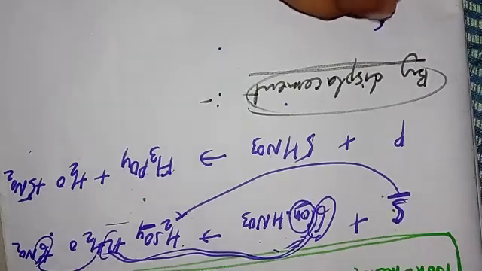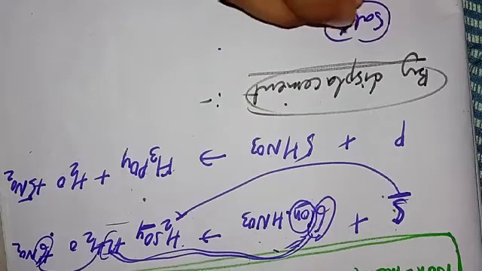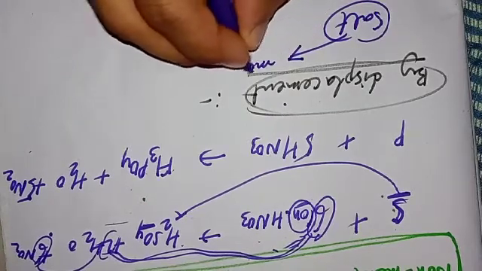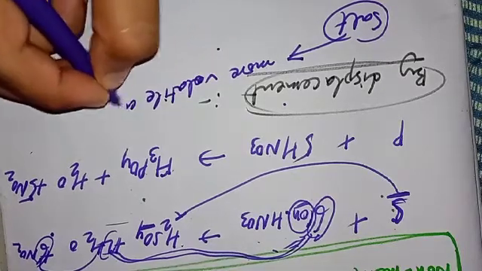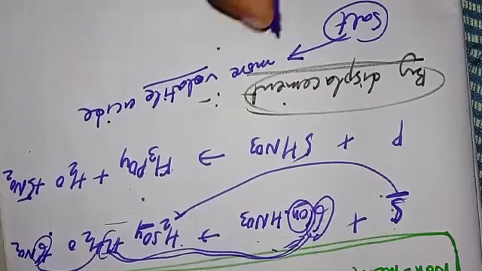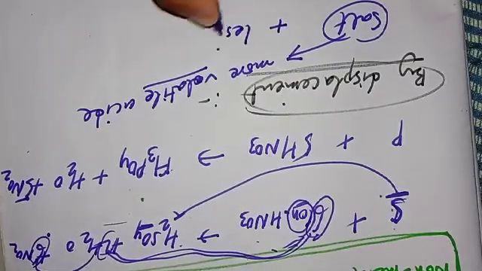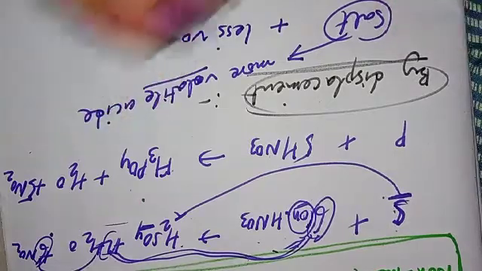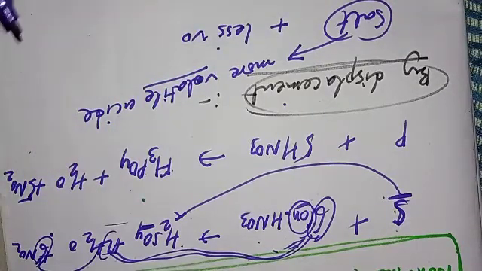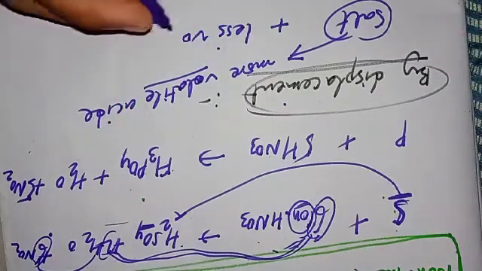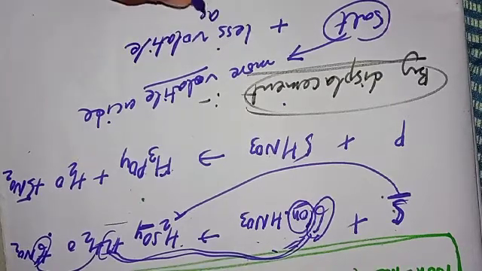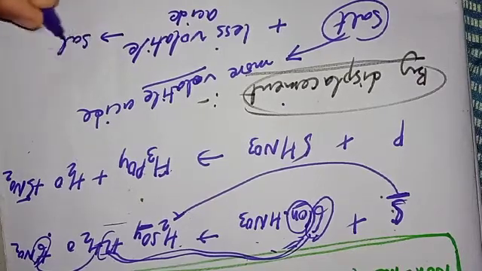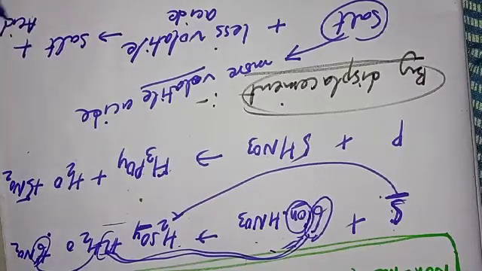I mean that the structure is salt of a more volatile acid plus less volatile acid. You can see the difference in the nature of the acid: one is more volatile and the other is less volatile.